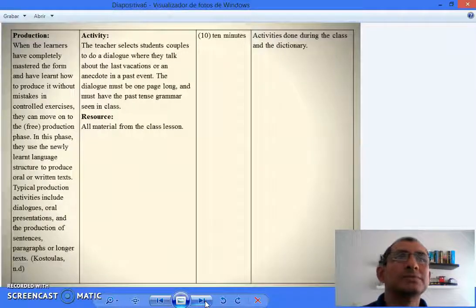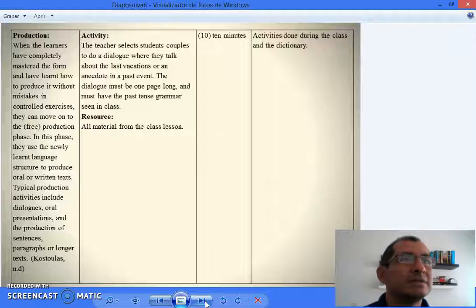Now we continue with the production. The activity of the production: the teacher selects student couples to do a dialogue where they talk about their last vacation or an anecdote about a past event. The dialogue must be 1 page long and must have past tense grammar seen in class. Okay, it's a simple activity. The resource is all the material from the classroom that the students have used during the lesson.